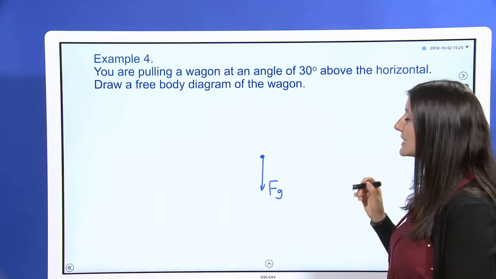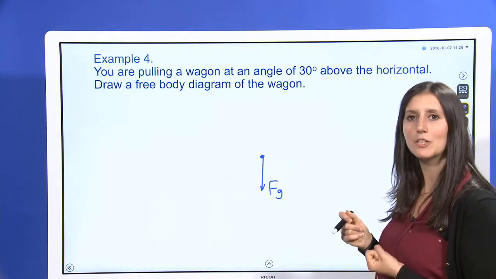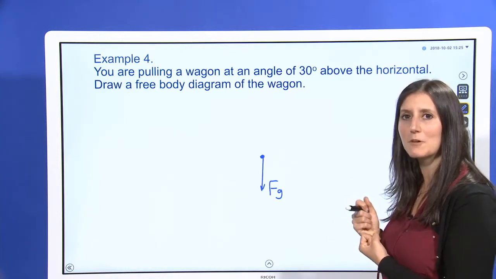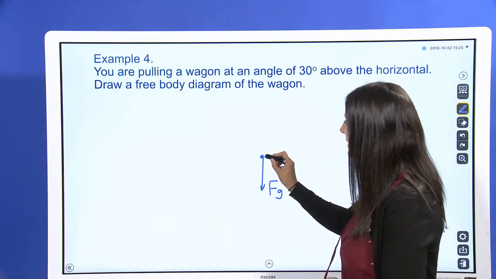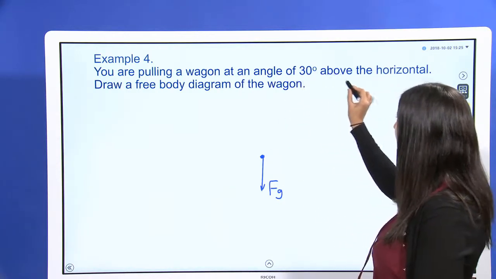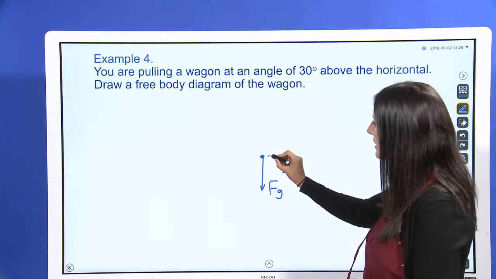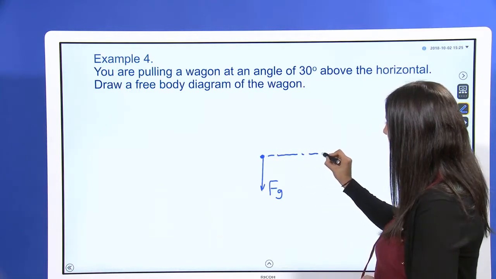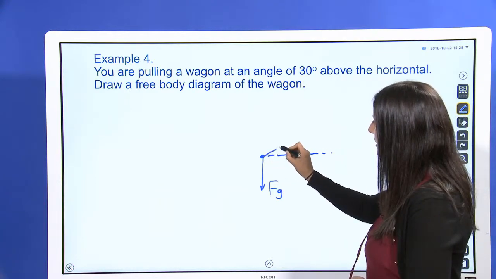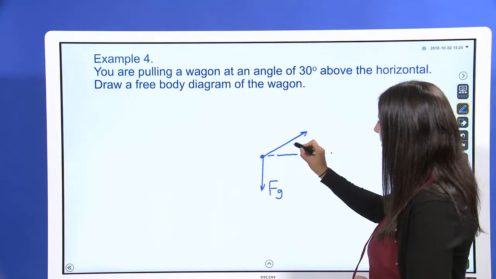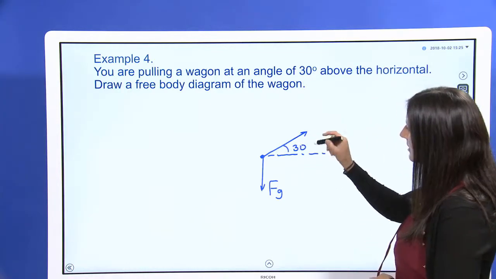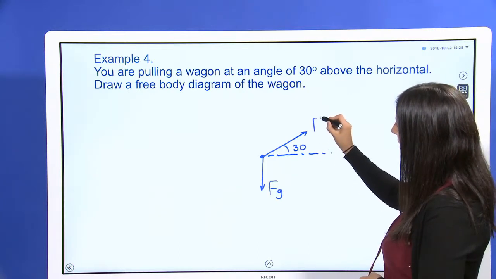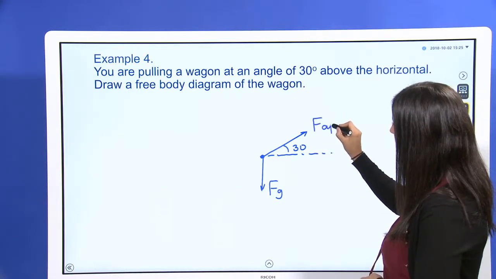So we're pulling this wagon. That's somebody or something applying a force on this wagon. So this would be called the force applied. It's at an angle of 30 degrees above the horizontal. So this would be the horizontal over here. So at an angle of 30 degrees above the horizontal would mean something like this. So now this force, I'm going to call it my force applied.